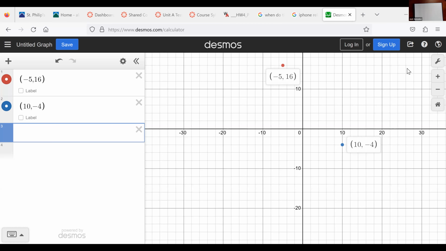Darn it. So yeah, I'm trying to use new technology and there's some things to learn, I guess. Right now you see just the 2 points and that's it on the picture.